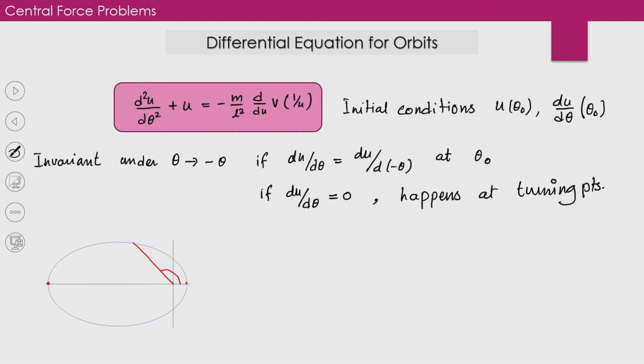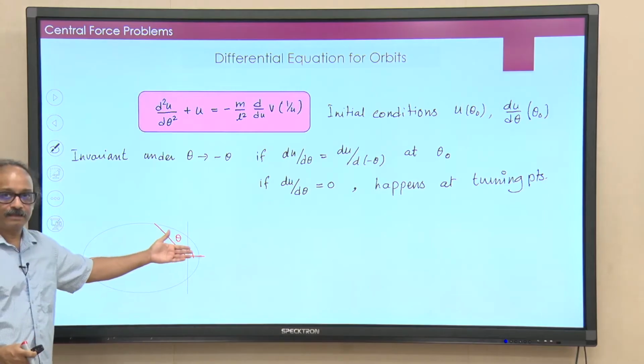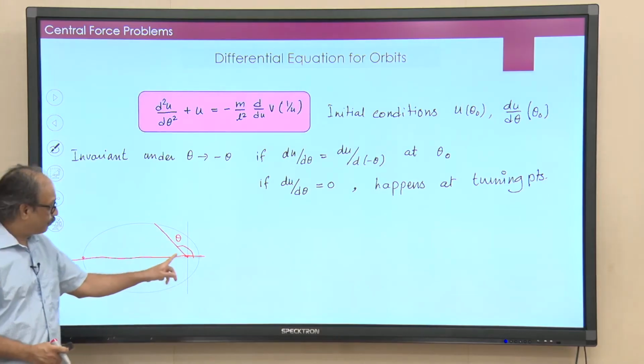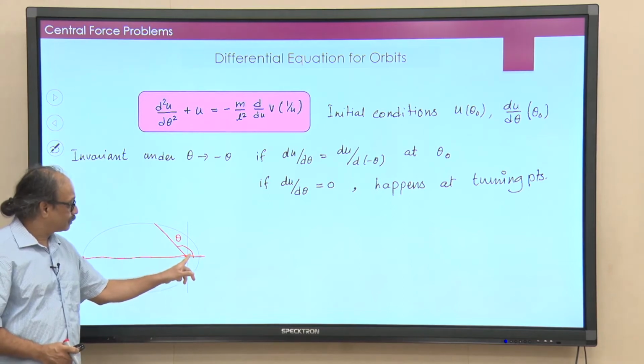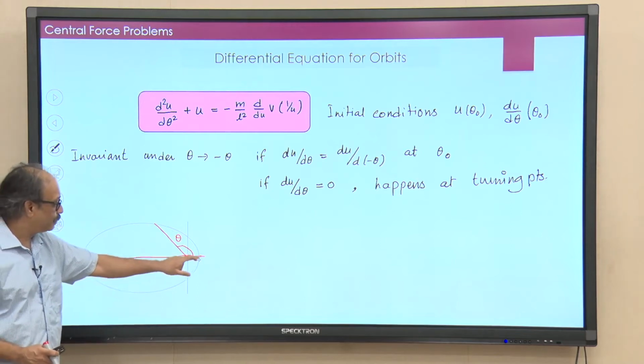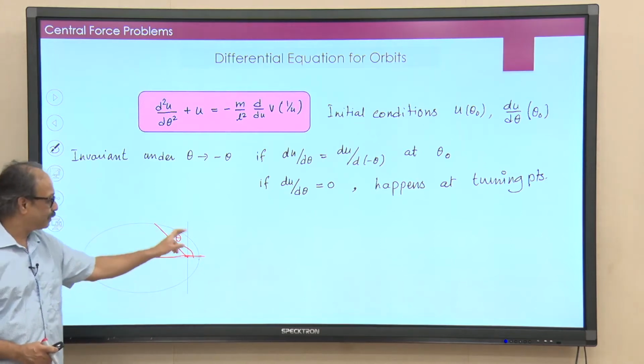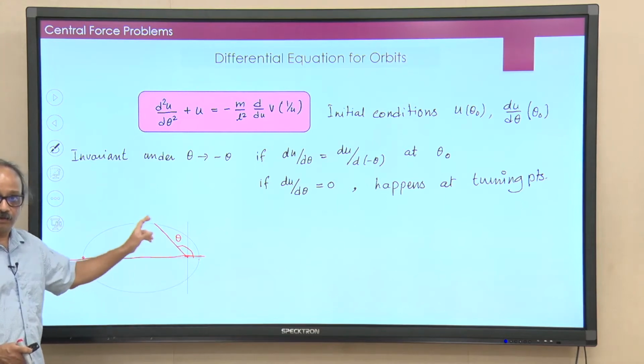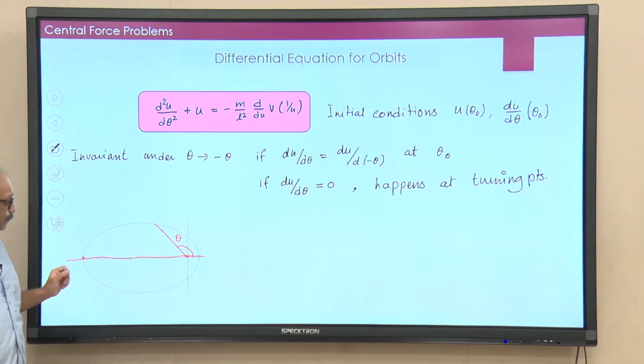So, this is the angle theta. Now, what it says is that if you take this turning point and take this line, about this line the trajectory can be reflected. Remember, when theta increases, it goes in the counterclockwise direction. So, basically the particle would be moving like this, and the trajectory that you get is oriented in a counterclockwise direction.